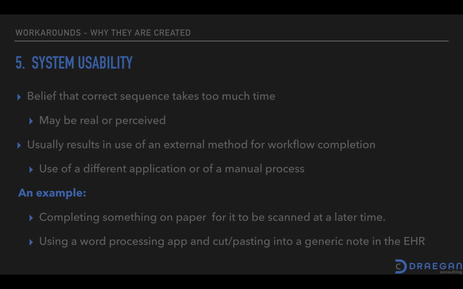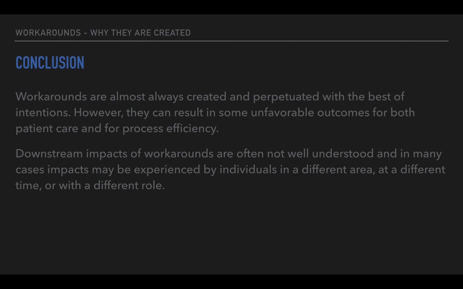If you discover a workaround with this as a cause, then chances are the overall process and design needs to be reevaluated, and things need to be easier for the end user. What's presented to them is not something that's overly reasonable, and you need to do a little bit more investigation. So those are the 5 that I think are the most common reasons for creating workarounds.